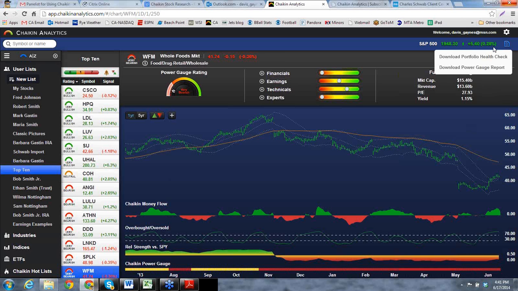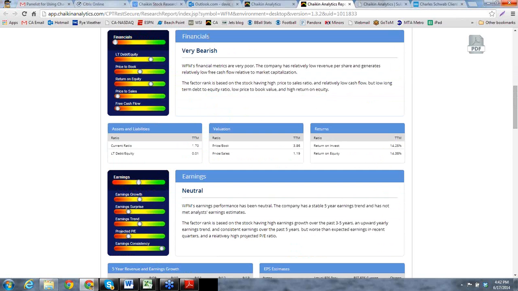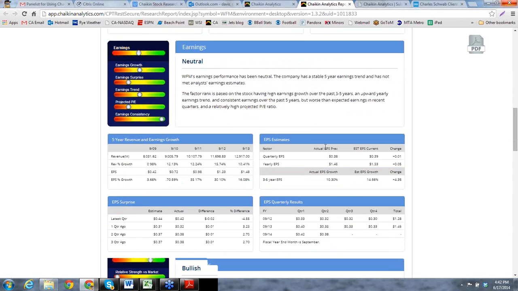One other little feature I would show you is we generate, in effect, 5,000 research reports every single night because the model is rerun every single night, and for each stock, we give you a plain English version of what I just went through on that front page, where it actually tells you the Chaikin Power Gauge rating for Whole Foods is very bearish due to poor financial metrics, and then it'll go through each of those components, the financials, why it's very bearish, financial metrics are poor, low revenue per share, gives you a little bit of data to back up those numbers, which we do not have on the front page.